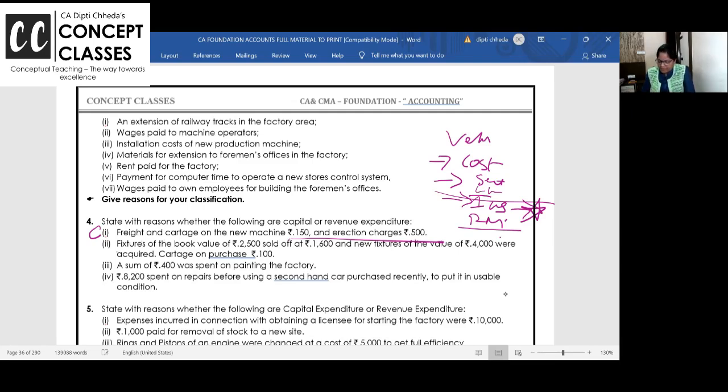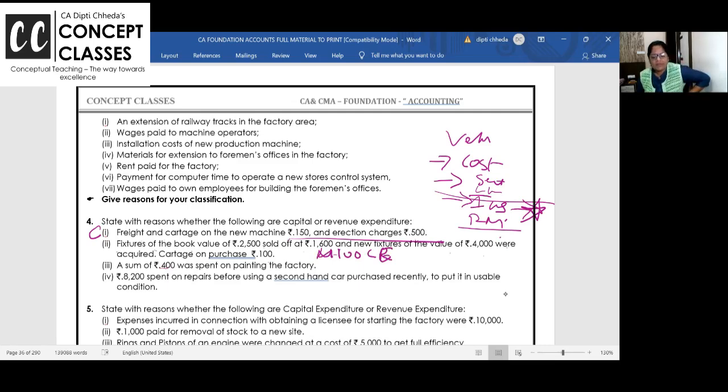Next, second, fixtures of the book value 2,500 sold off at 1,600 and new fixture of 4,000 were acquired. Cartage on the purchase is 100. So 4,100 new acquired is a capital expenditure.